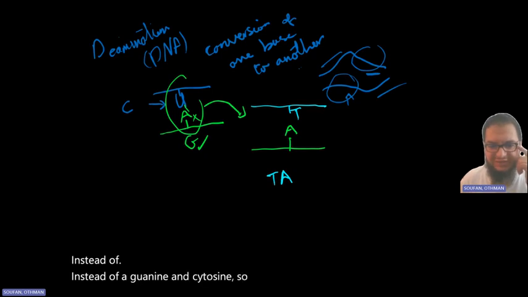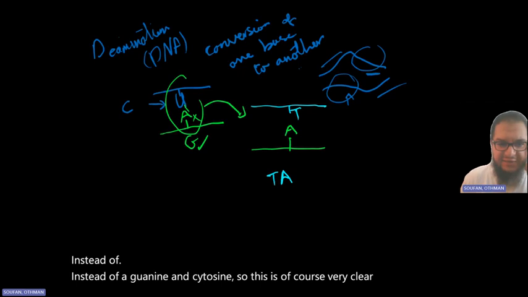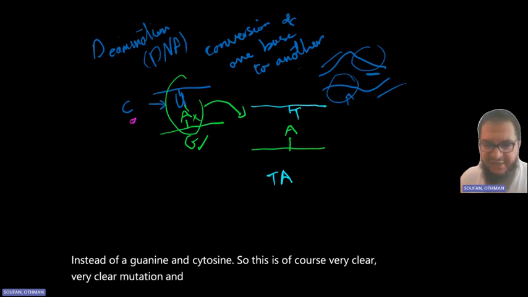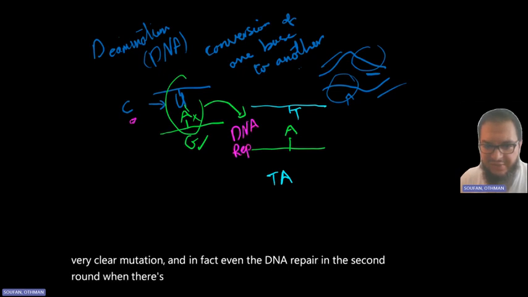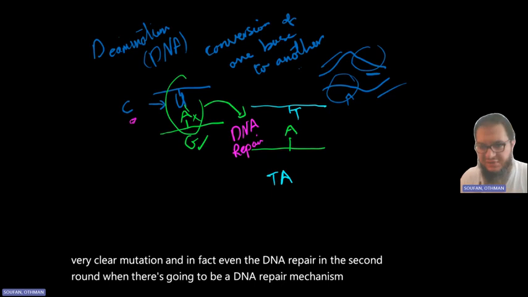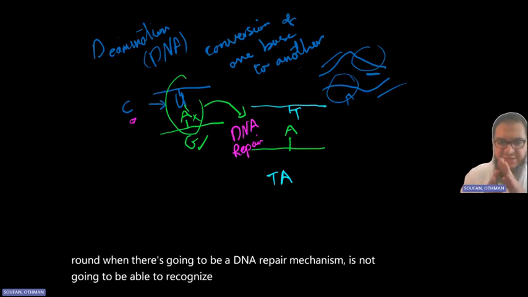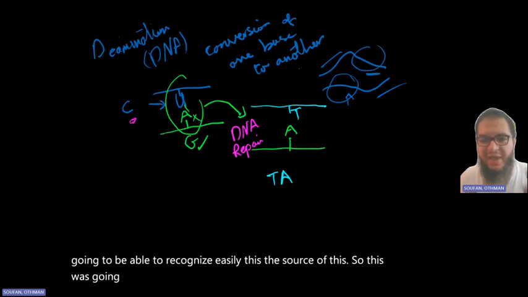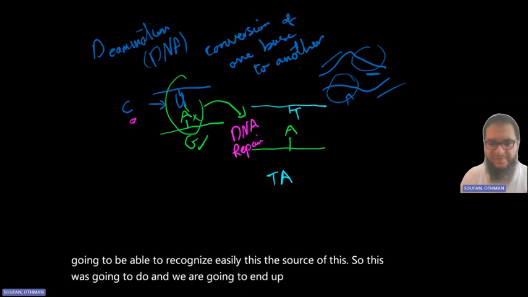So this is of course a very clear mutation. And in fact, even the DNA repair mechanism in the second round is not going to be able to easily recognize the source of this. So we are going to end up with a mutation.